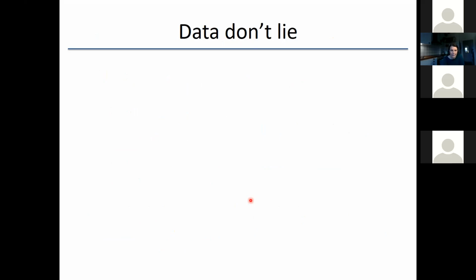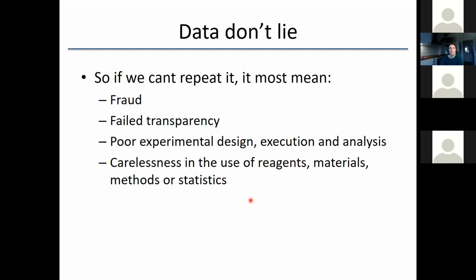So data don't lie. If I go down in the lab and I do an experiment and protein A is expressed, for example, in a Western blot, the data don't lie, the protein is there. So if another paper has suggested that protein A was not expressed and I find it, if I can't repeat what somebody else has published, there are a couple of explanations for that.